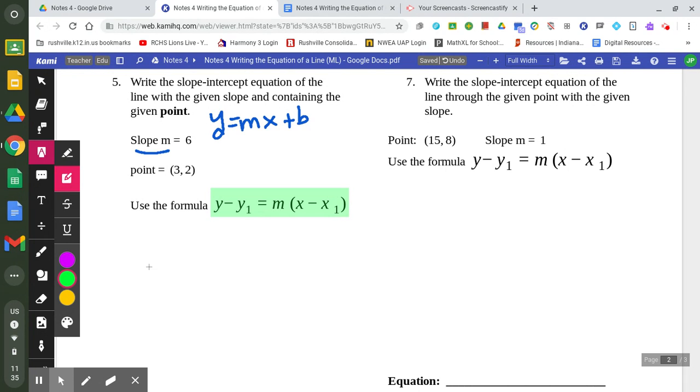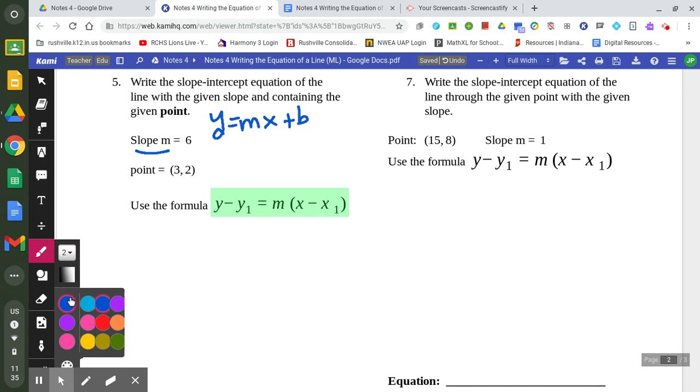And so we will be replacing the y1, the x1, and the m. And so this is my x1, this is my y1.